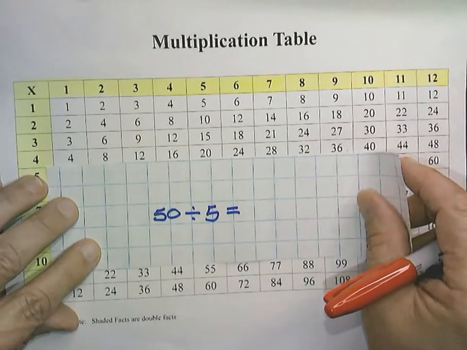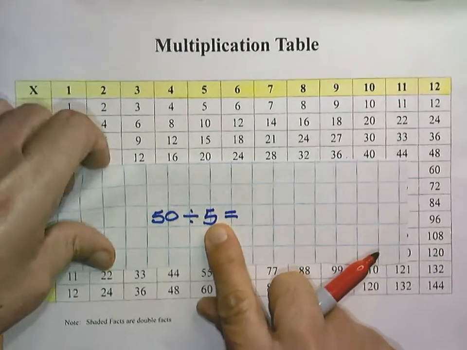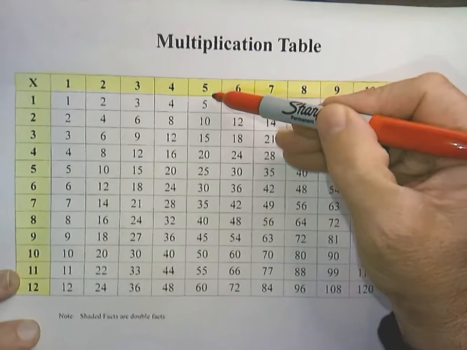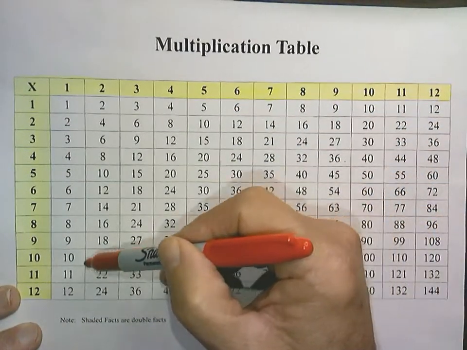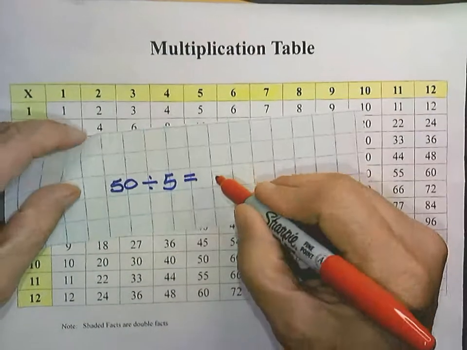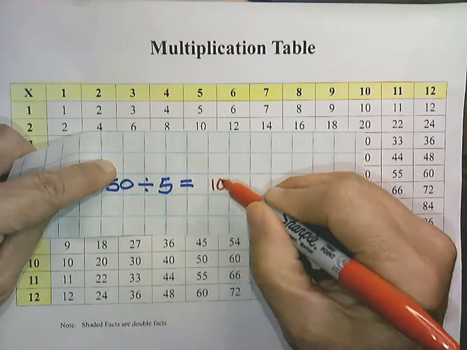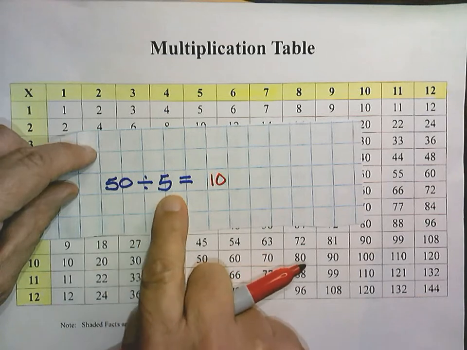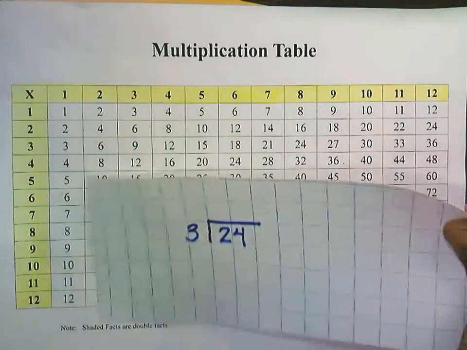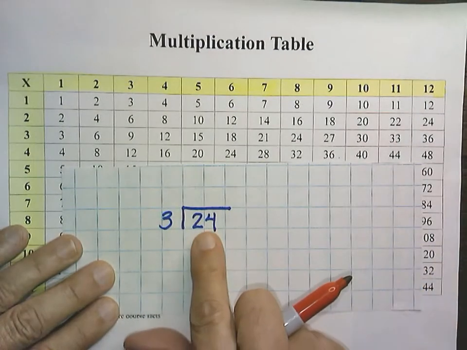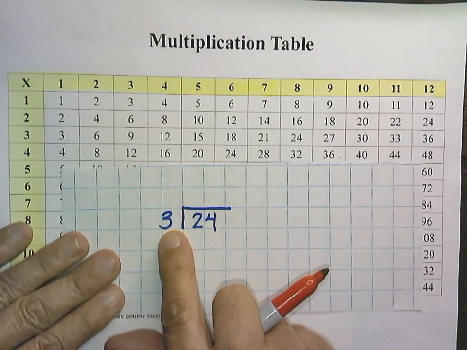50 divided by 5. Here's our 5, and if you count down to 50, you'll notice that we arrive at 10. So in other words, 50 divided by 5 is equal to 10. 24 divided by 3.